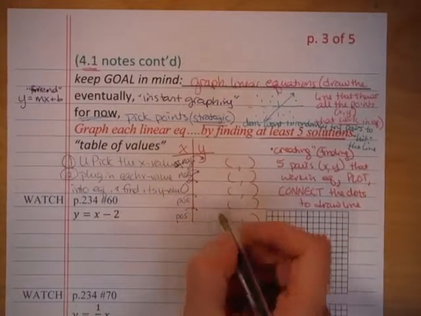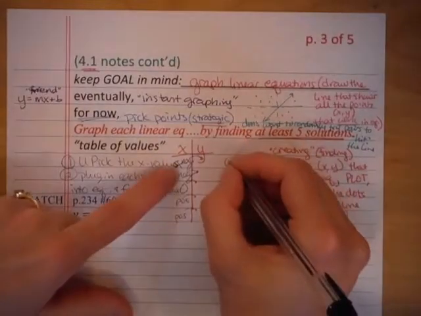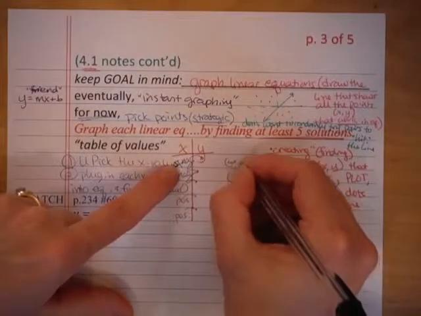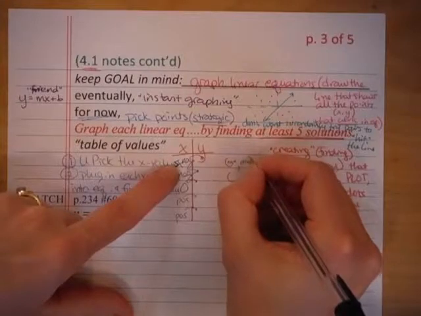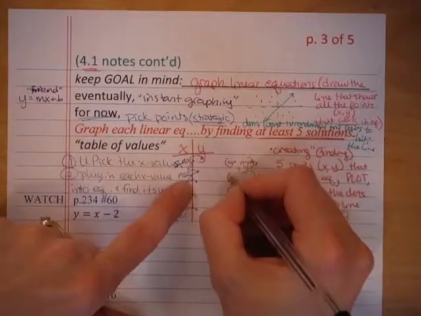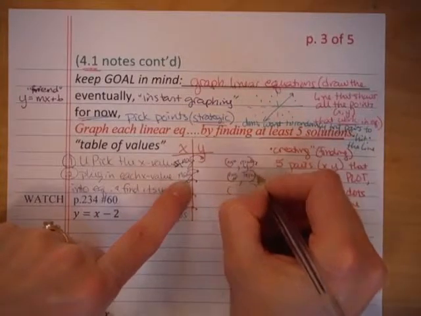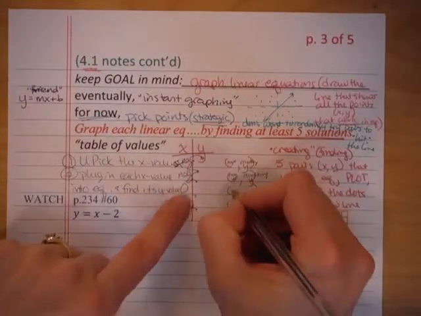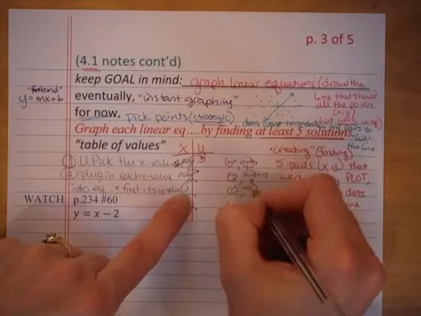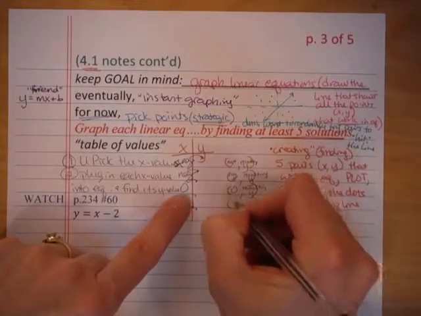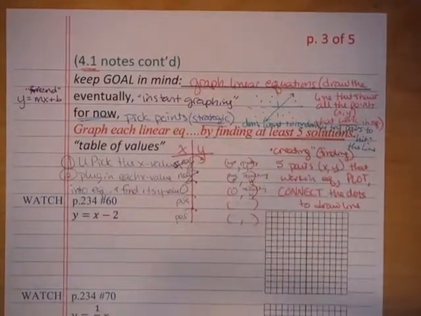Then your first coordinate would be that first negative number and your resulting y. Your second pair would be that second negative number and your resulting y value. Then you'd have 0, comma, whatever that resulting y value is, and so on, and then a positive, and so on.